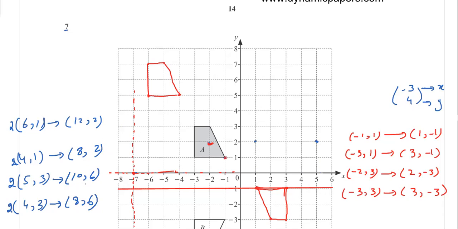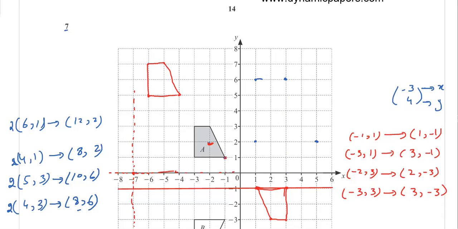The next one is (10, 6): 1 to 10, and then 1 to 6. And the next, (8, 6): 1 to 8, and then 1 to 6. This is (8, 6).